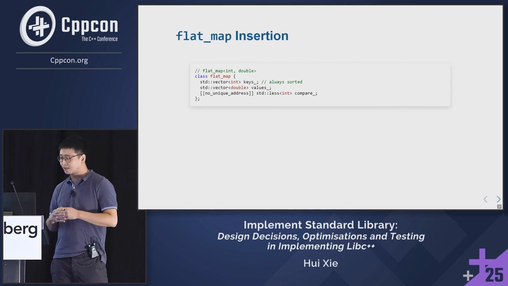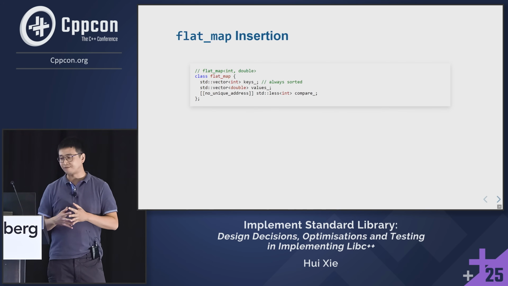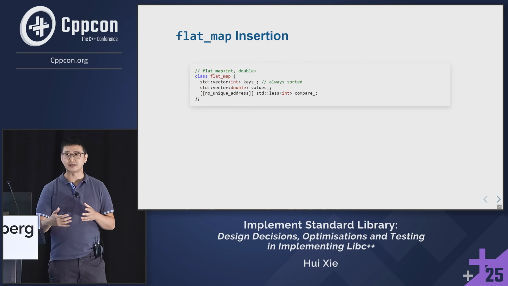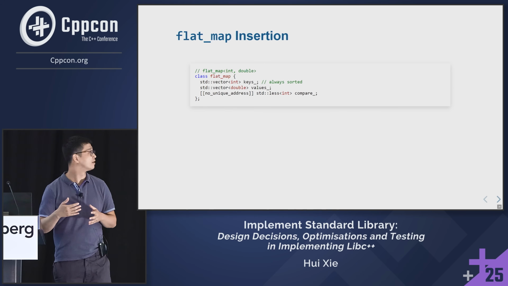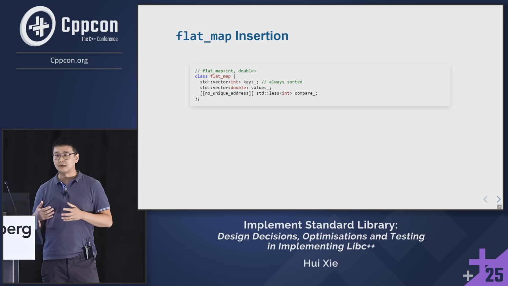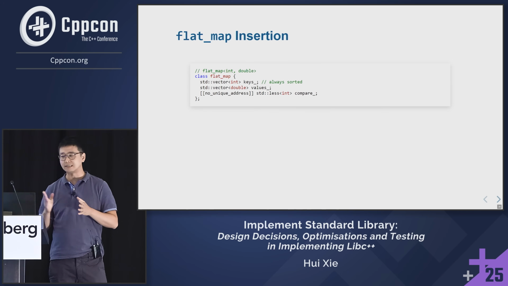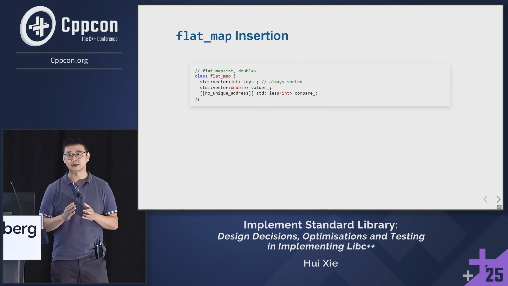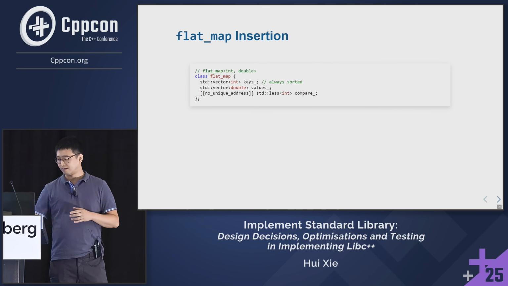So I'm going to give you an example. If there's a flat map from int to double, under the hood, there will be a vector of int to store the keys and a vector of double to store the values. And we keep the keys always sorted so that we can have log n time lookup, right?